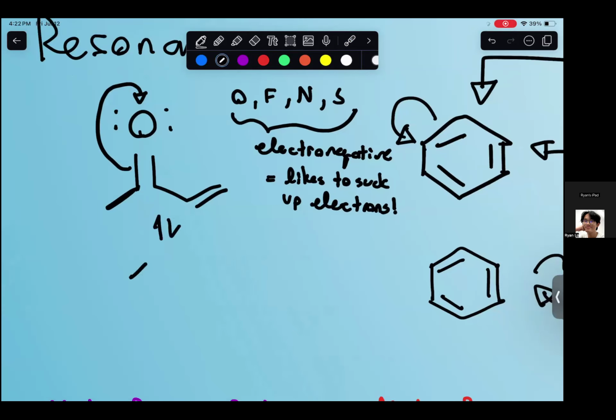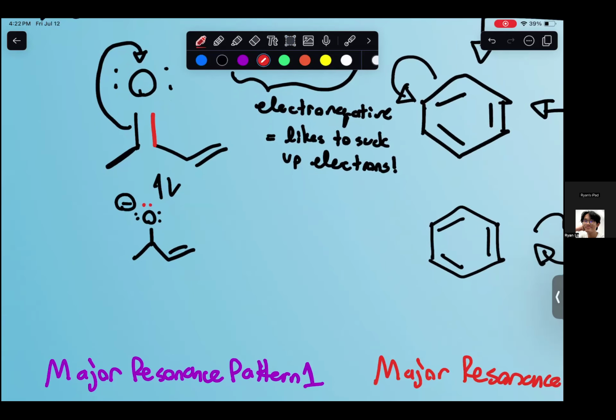And what will end up happening is that this oxygen right here will basically gain another lone pair and it will become negatively charged. And in response, it'll form a plus charge right here.